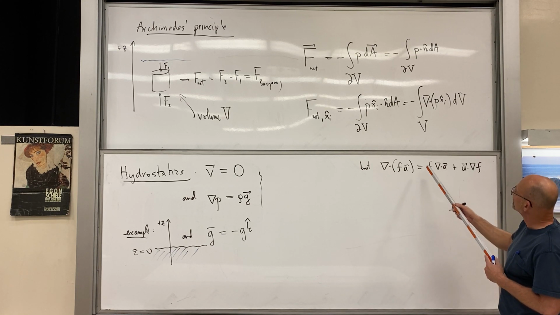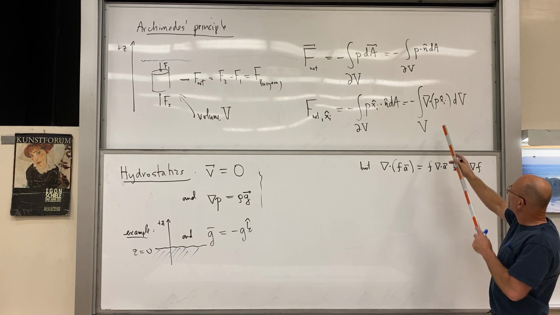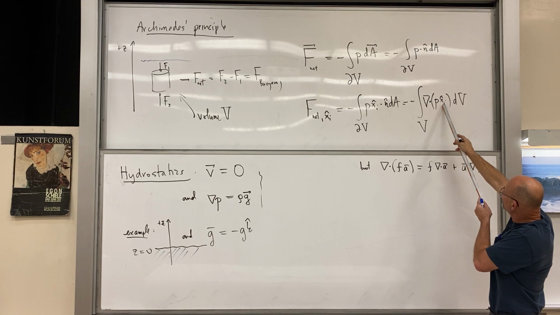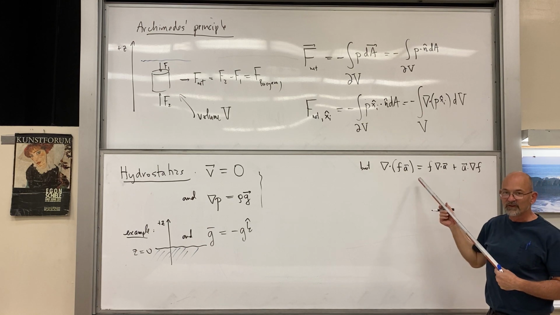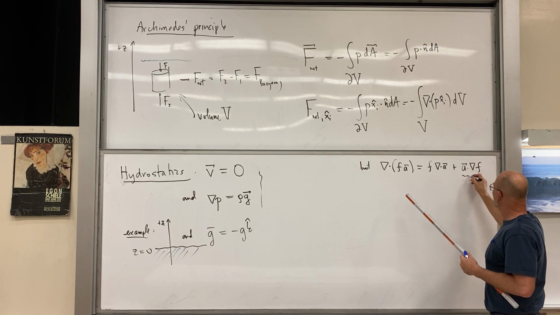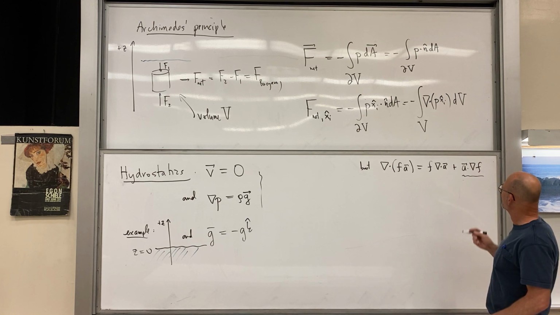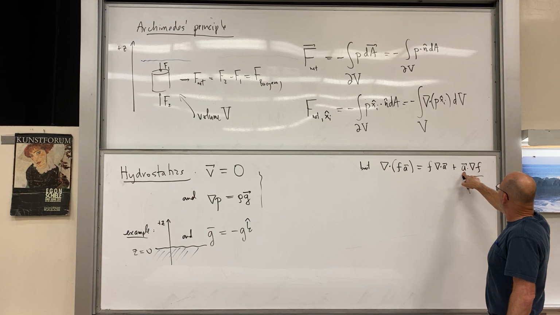So in this case, our scalar is the pressure and our vector is the unit vector. So the divergence of that unit vector is of course 0 because it's a constant vector. So we're looking at this right here, and we'll have x sub i dotted into the gradient of the pressure.